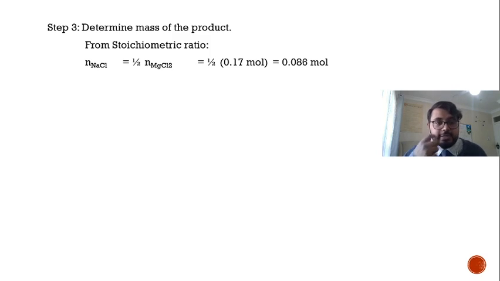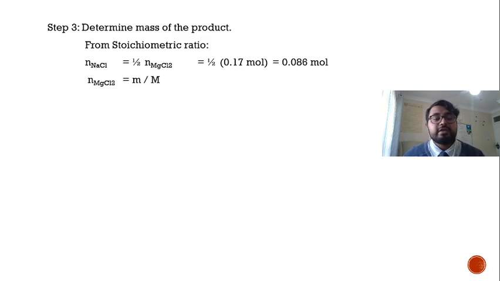So NaCl is 2 times larger than magnesium chloride. That's why we're multiplying by the half. So that will give us 0.086 mole of magnesium chloride.